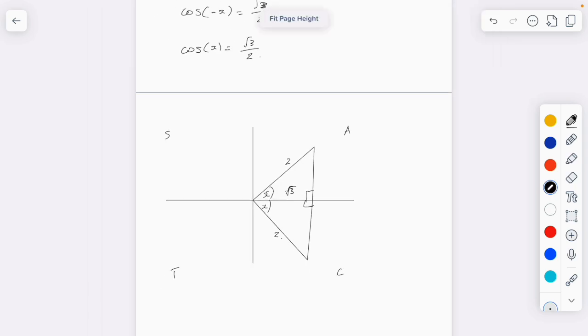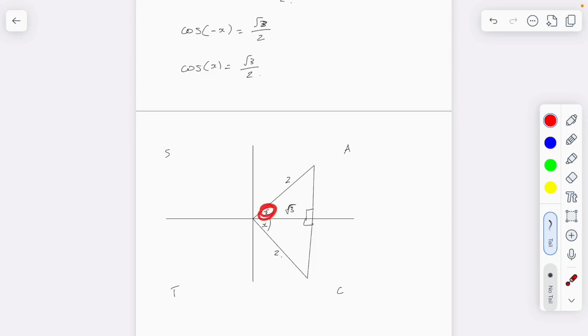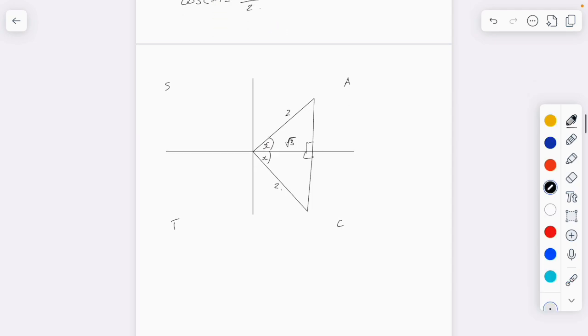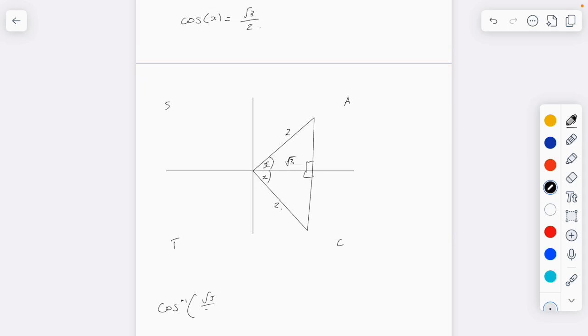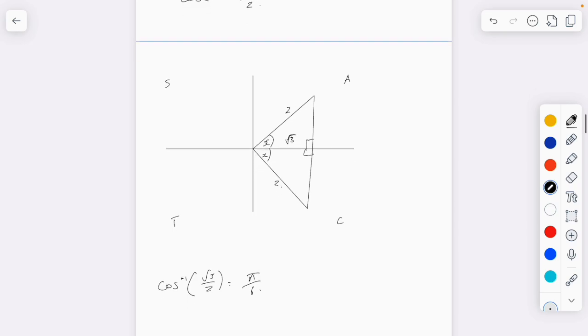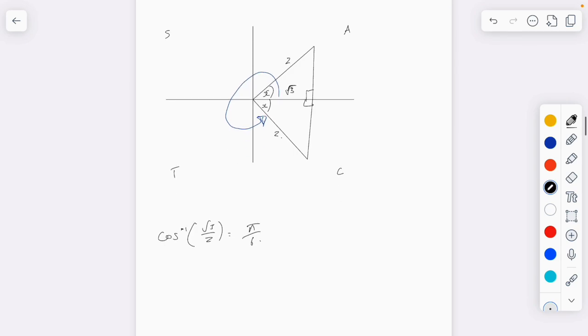And so what does this tell us? Well, first off, we've got the reference angle here, which is simply done by finding arc cos of root 3 over 2. That's going to equal pi over 6. Meanwhile, we know that over here, pi over 6 is minused from 2 pi.